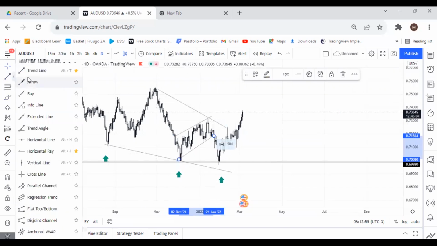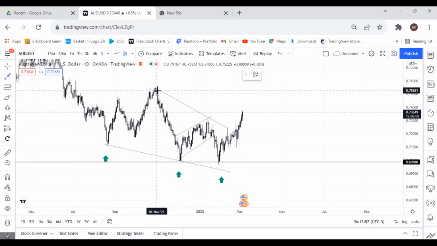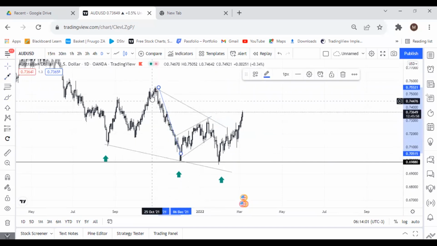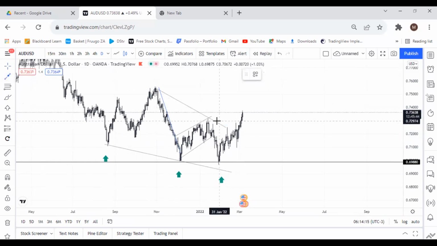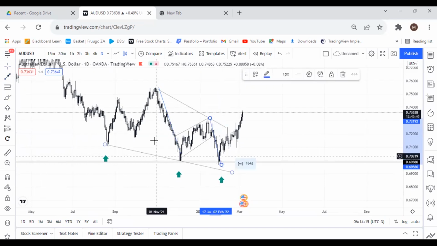Right after a huge impulse from this point. So you can see we had an impulse, correction. I'm going to go into depth about these corrections. So after the correction, the next anticipated move was a continuation of the initial impulse, which is a downtrend.